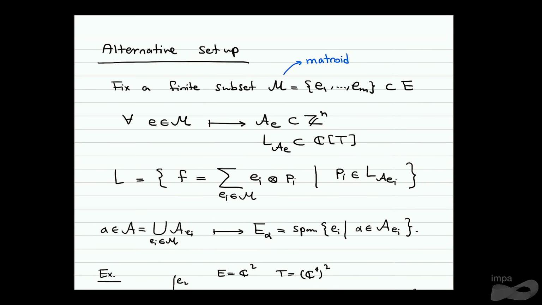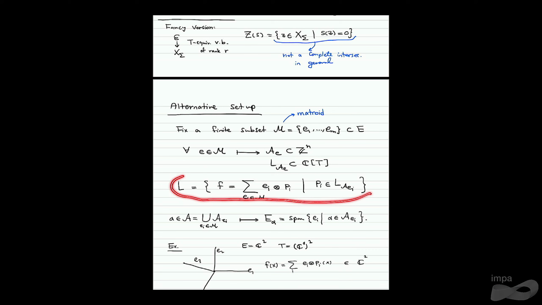Then you can take functions, Laurent polynomials, which are linear combinations of your vectors times a Laurent polynomial with given Newton polytope, as I have written there. It's an equivalent setup, but this setup would extend. You can ask questions about when M is not a representable matroid.